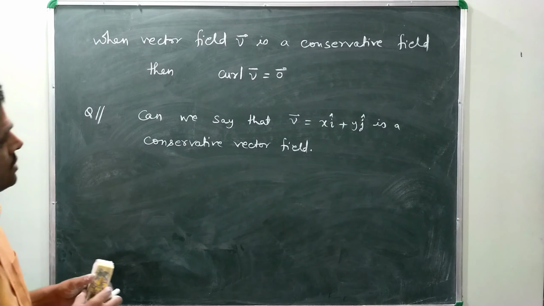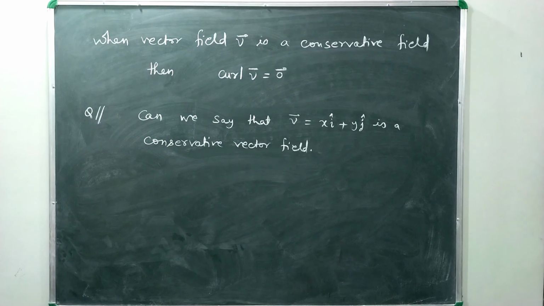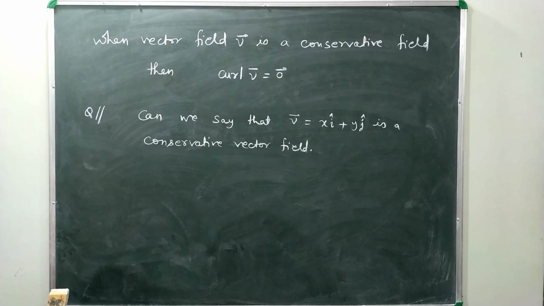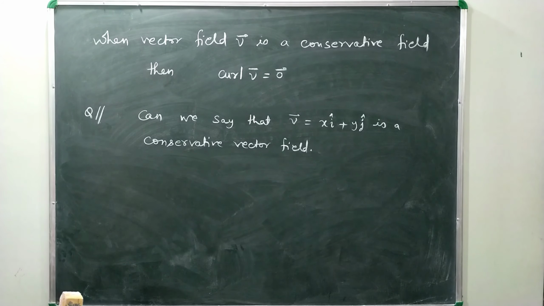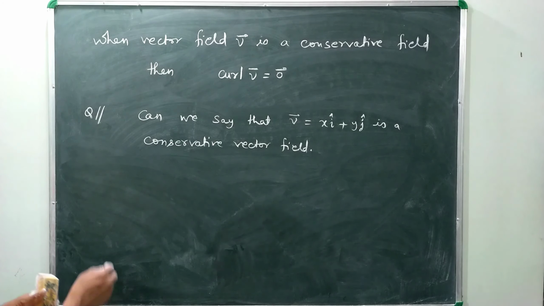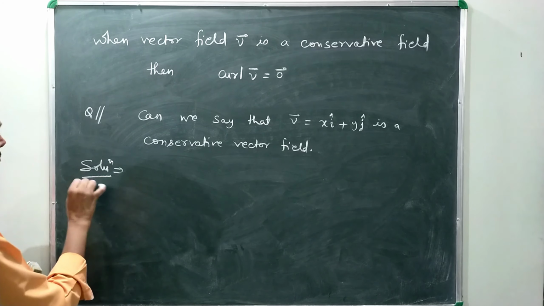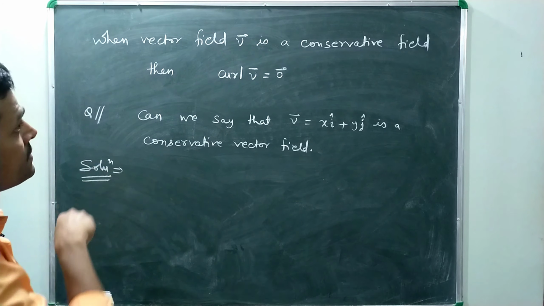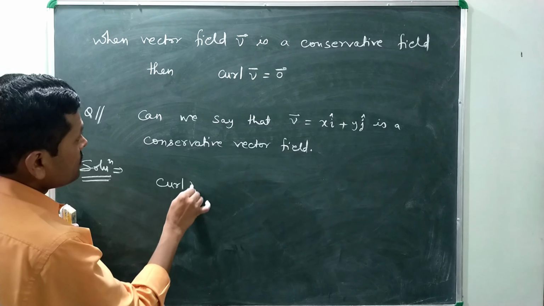We have seen this question at the beginning of this lecture, and the method was the method of line integral, which was from the basic definition of the conservative field. Now we are going to solve this problem by using the fourth alternative definition of the conservative field. So we are going to calculate curl of vector V.